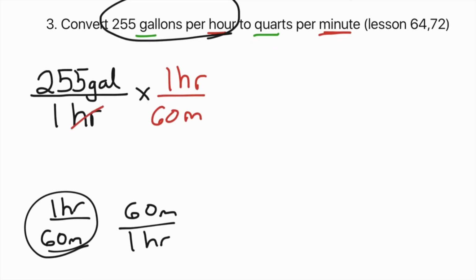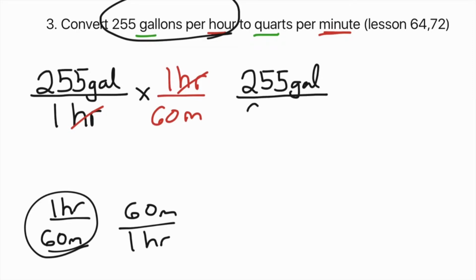So my hours now cancel, and I could either multiply this by my second unit multiplier, or I could just go ahead and simplify this, which I think I'm going to do first before we start canceling out gallons. So 255 gallons times 1 is going to give us 255 gallons in the numerator.